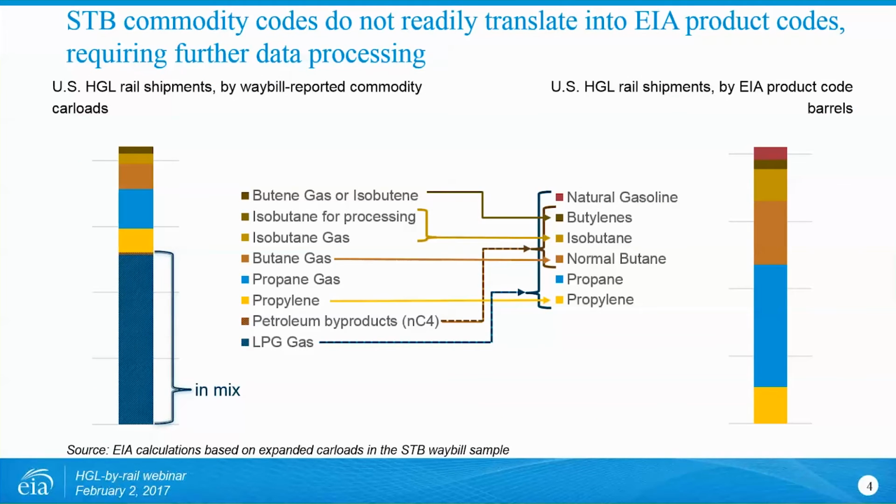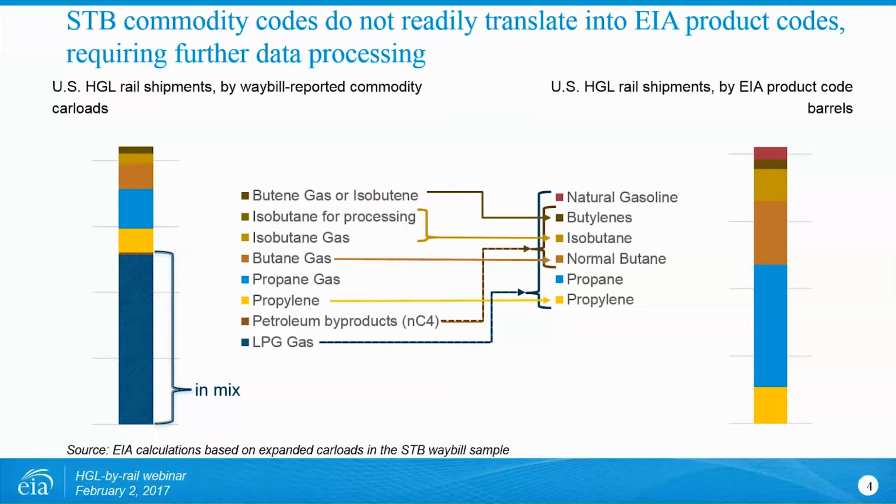Why is that important? It's important because as you see on the left-hand side, the chart is showing what kind of data we actually see in this data set that's released from the Surface Transportation Board to us. And across the years, between 2010 and 2016, anywhere between 75 and 60% of all volumes moved by rail come under some kind of a mixed product code, right? So it can be LPG gas, which is the majority of all movements.